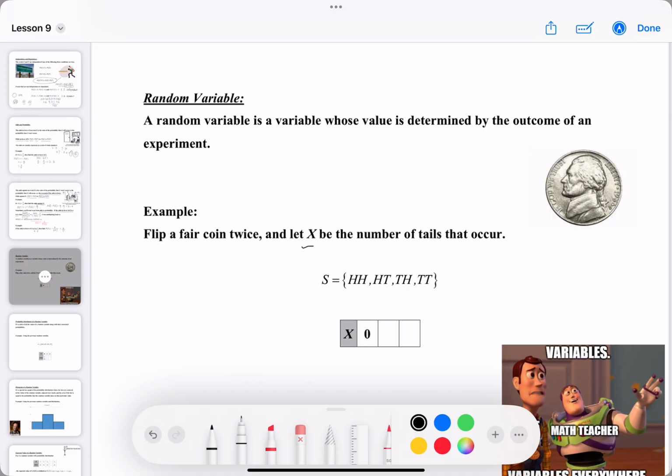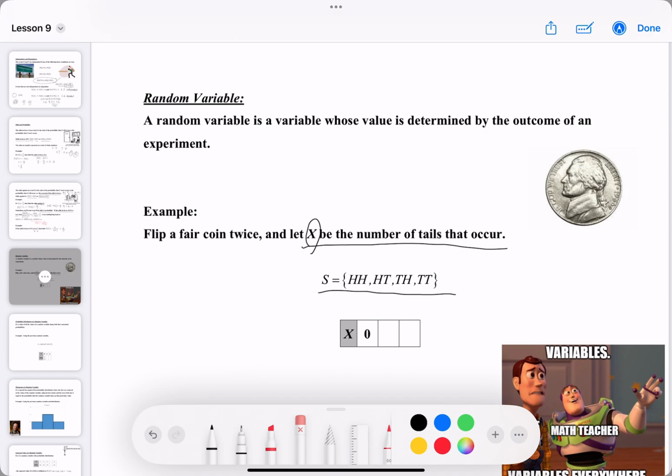So the number of tails that occur, X should be a number, for example, 0, 1, or 2. Okay, so let's see the sample space. S equals: first flip heads, second flip heads; first heads, second tail; tails, heads; tails, tails. I can only have these 4 outcomes.